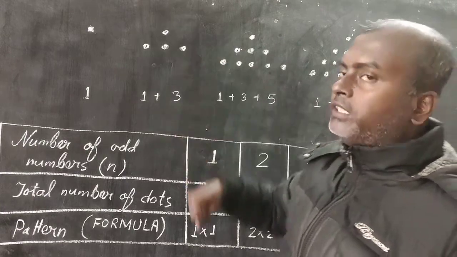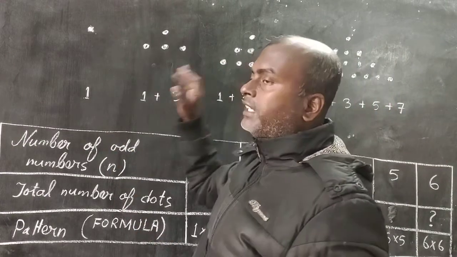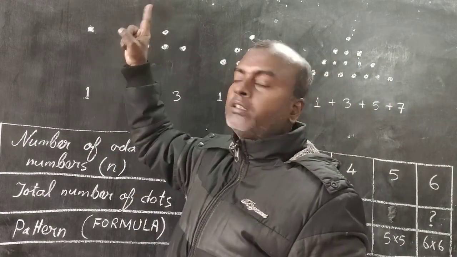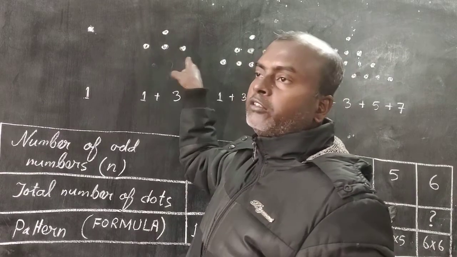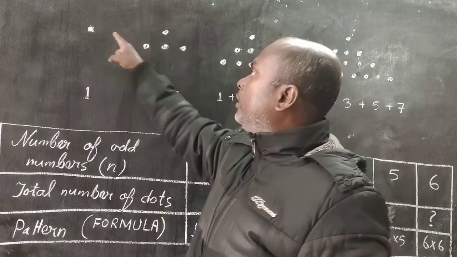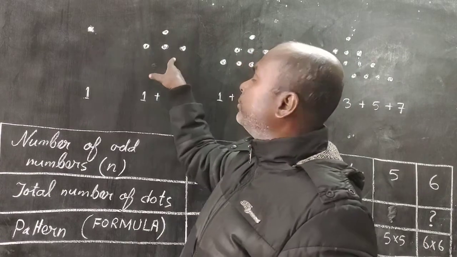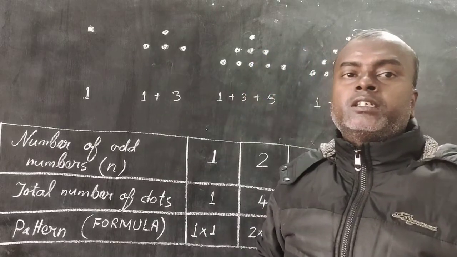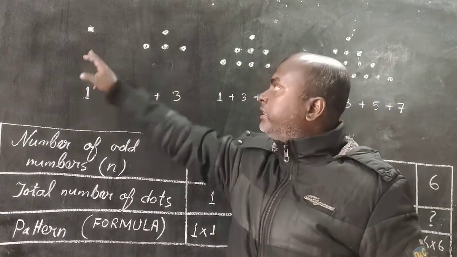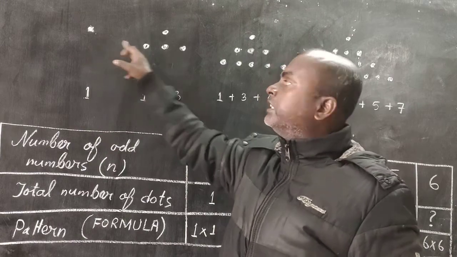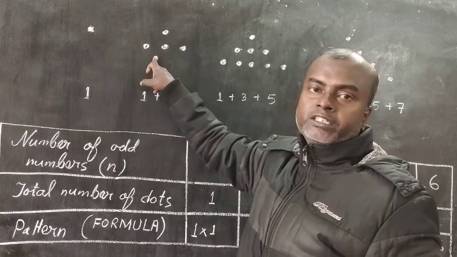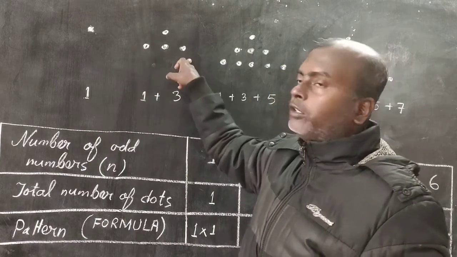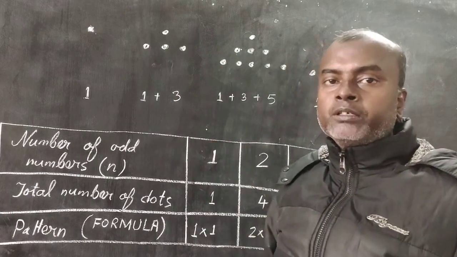As you see the cases, in the first case there was just 1. Then another 3 came. The 1 is an odd number, and the next set of dots, 3 dots, is also an odd number.